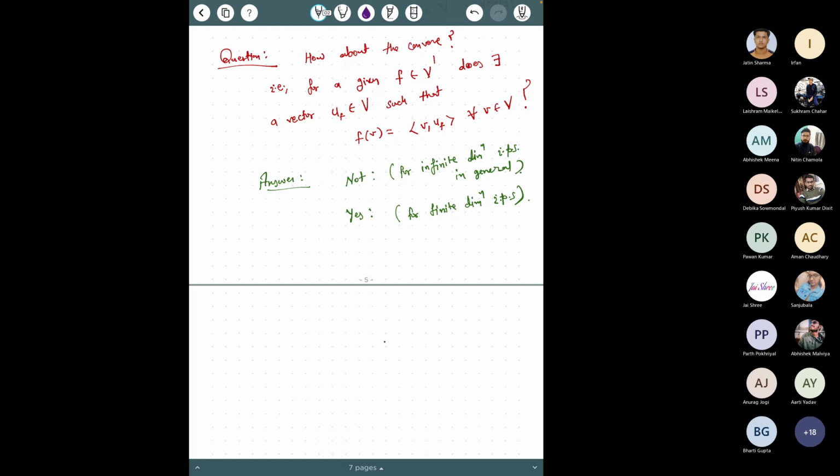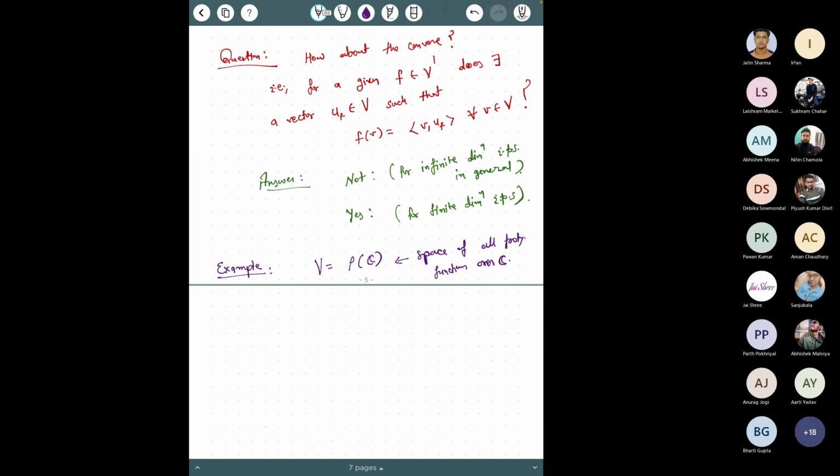Consider V as the space of all polynomials over C, all polynomial functions over C.